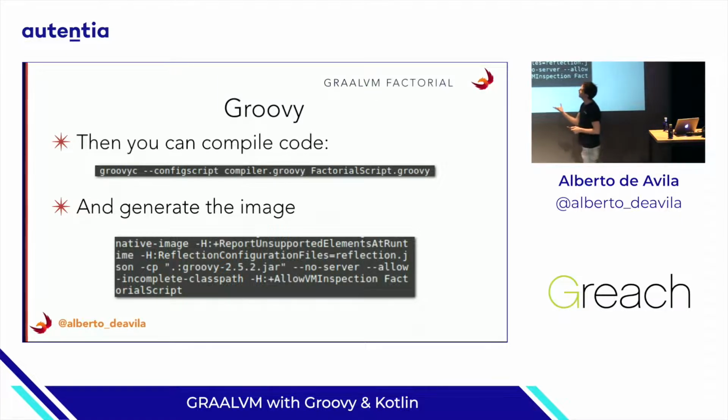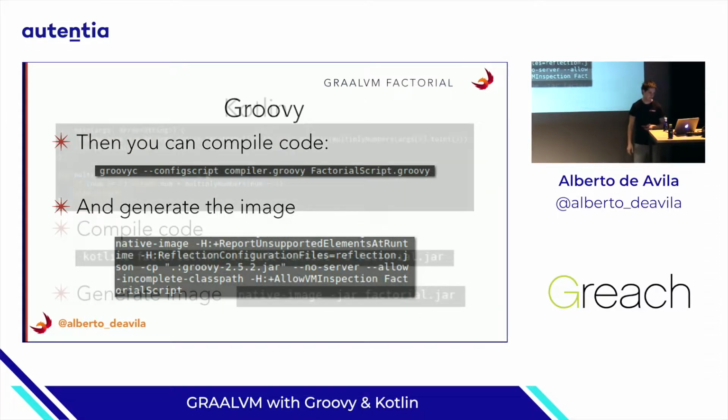But the important things here are two: you have to include the jar of Groovy to execute inside the image, and you have to put the reflect.json to indicate where the reflection configuration is, and in the last argument the name of the class file.